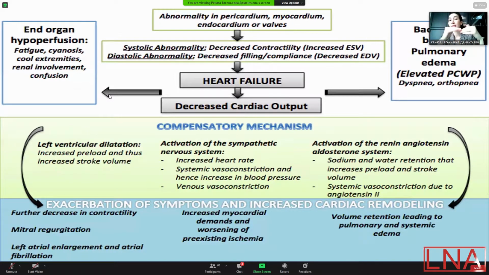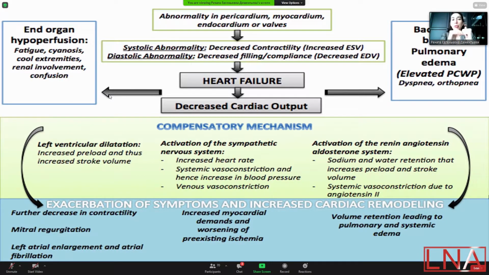What is a systolic abnormality? Decreased systolic function, decreased cardiac output or stroke volume, decreased contractility; and diastolic abnormalities, decreased filling and compliance.